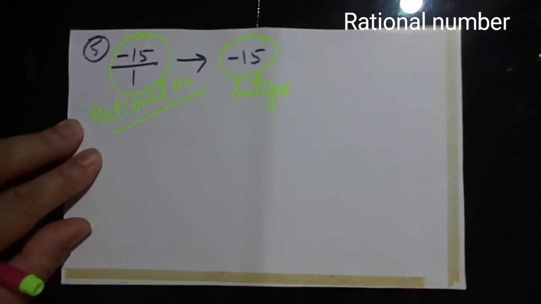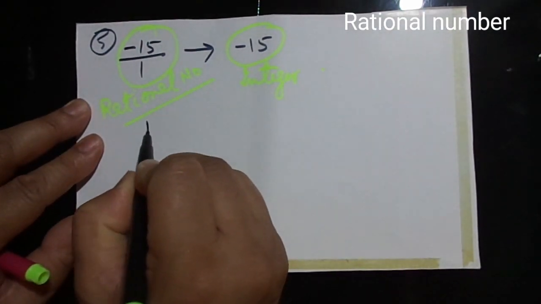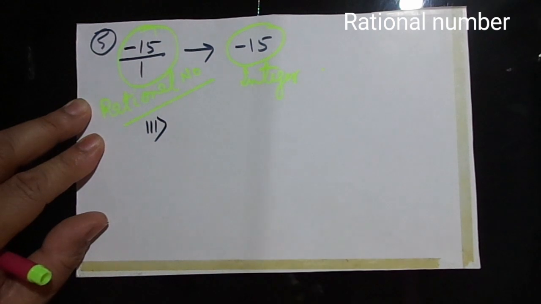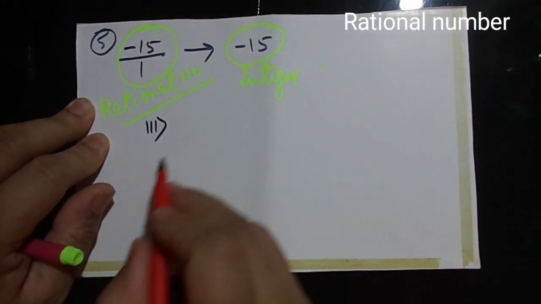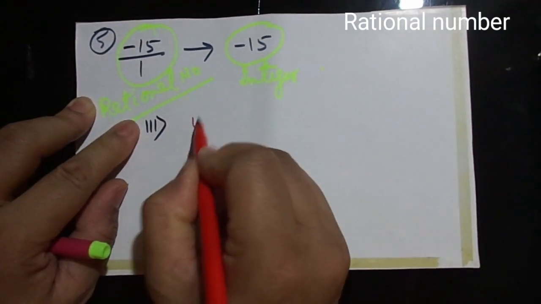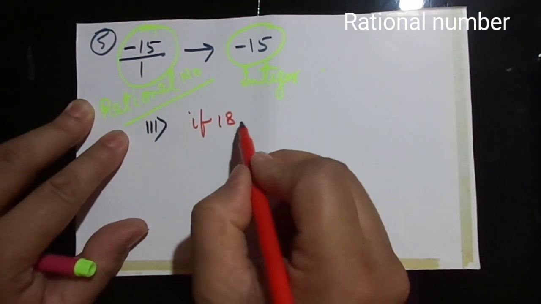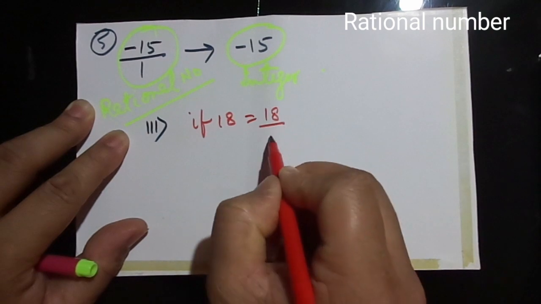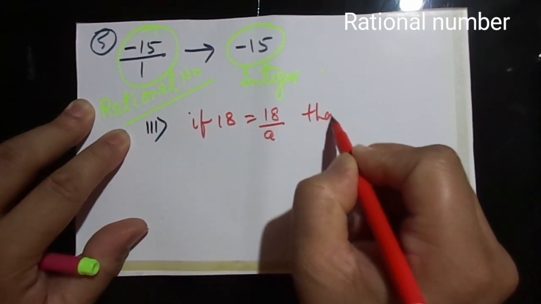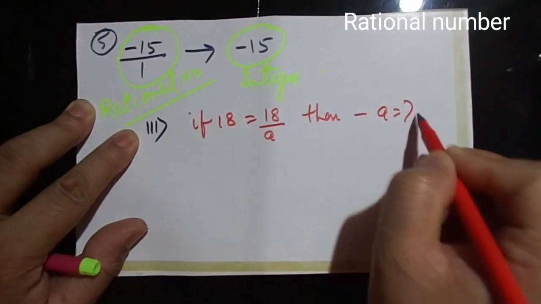I would focus on question number 5, the third sum, which says that if 18 is equal to 18 by a, find the value of a.